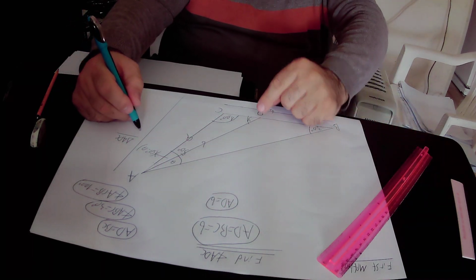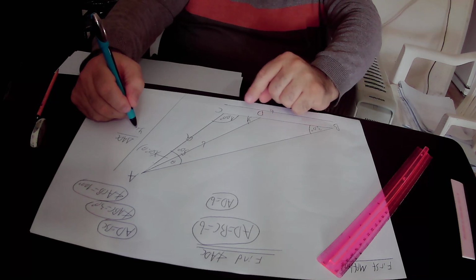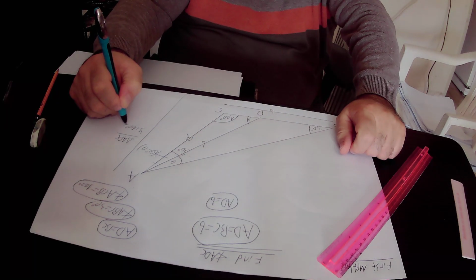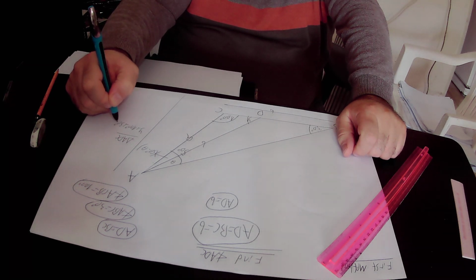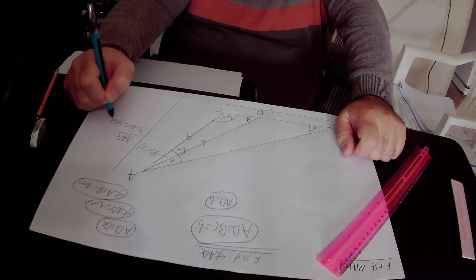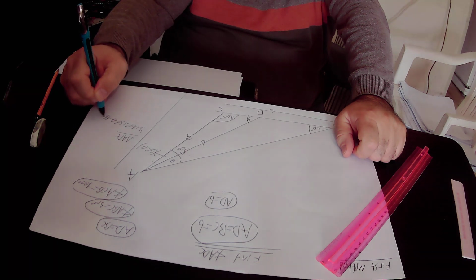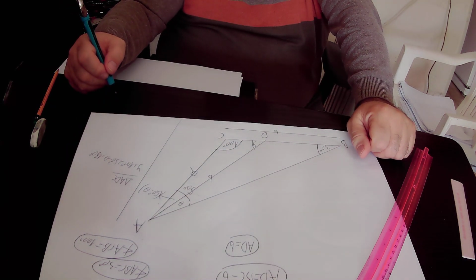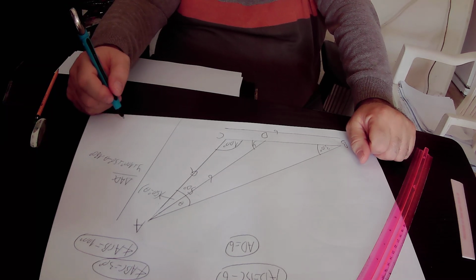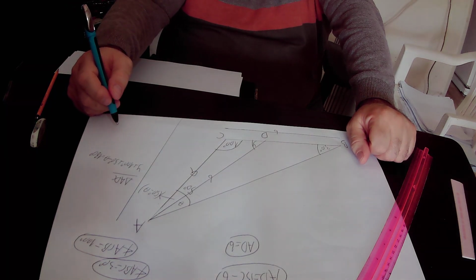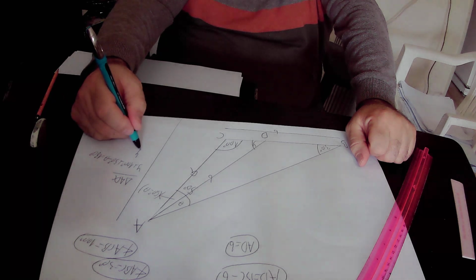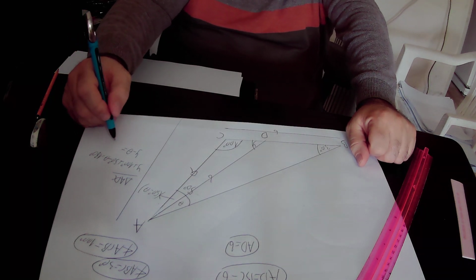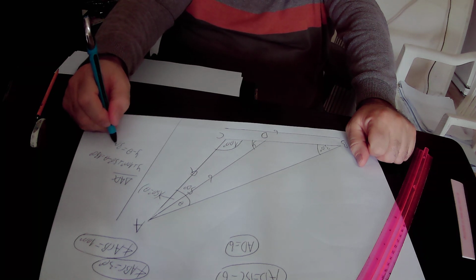So angle Y plus 100 degrees plus this angle that equals 50 degrees minus theta. In total, the sum of those three angles must be equal to 180 degrees. Here we will subtract 150 degrees from this equation and we will get that Y minus theta equals 180 degrees minus 150 degrees, which is 30 degrees.